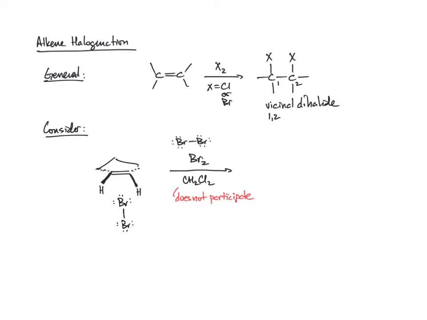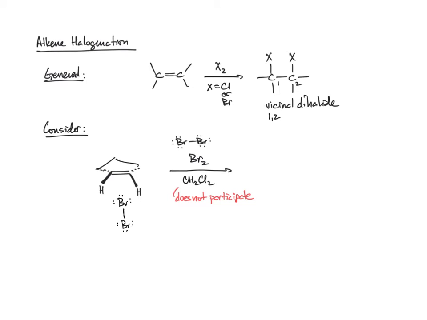So the bromines do not add at the same time, they add separately. I'm going to show you the arrows of how this happens, and there's going to be something a little strange about the concertedness of this. Concerted meaning simultaneous, like time-wise.